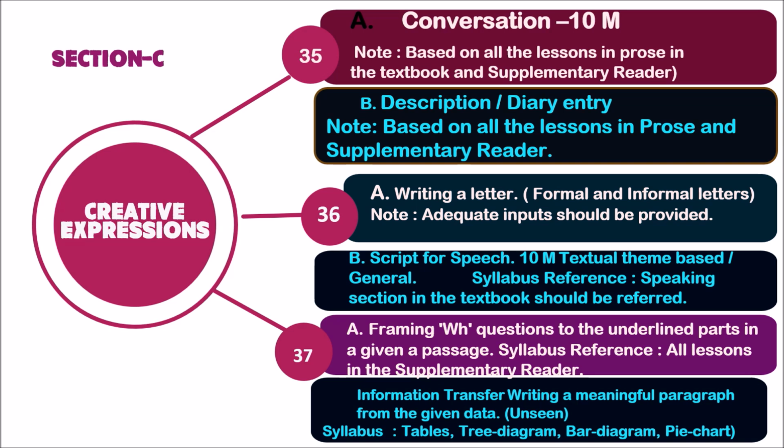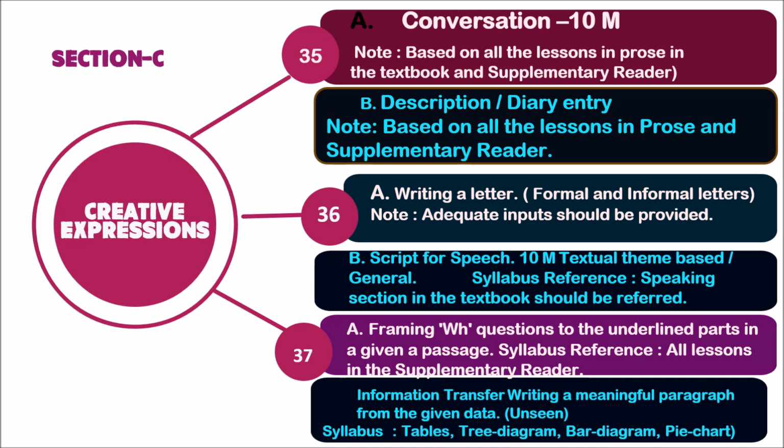Question number 36 is also script for speech, and it is textual based, and maybe you may get general topics also. Especially the syllabus reference is the speaking section in the textbook, which is the major area.